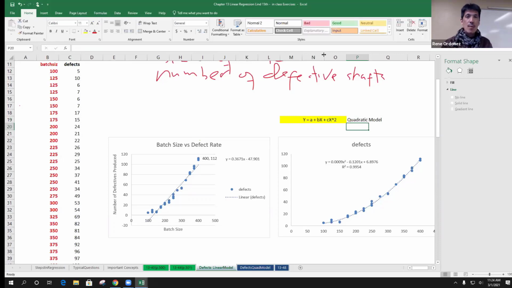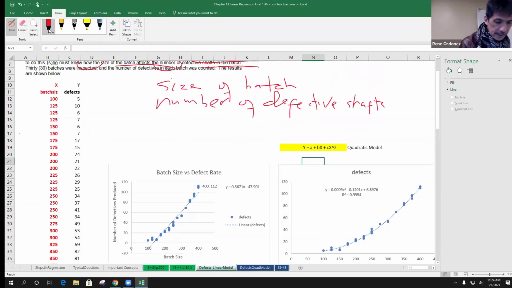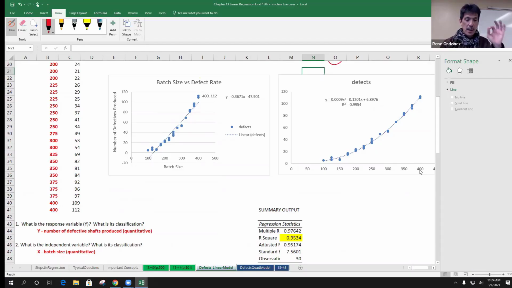And in the quadratic model, you have two predictor variables: X, one of them is X, and the other one is X squared. So, we are going to, once again, rerun the regression equation using the quadratic model.